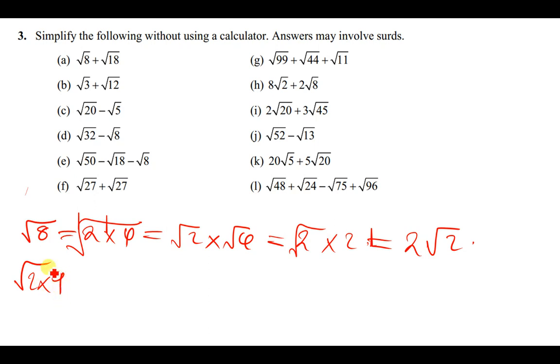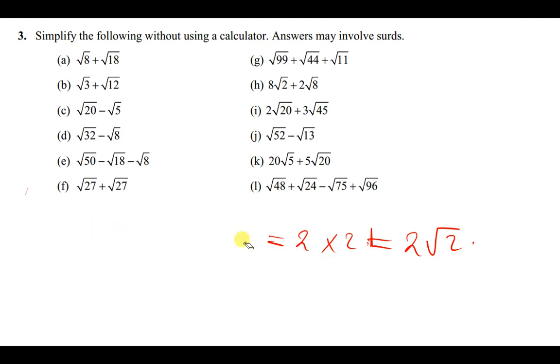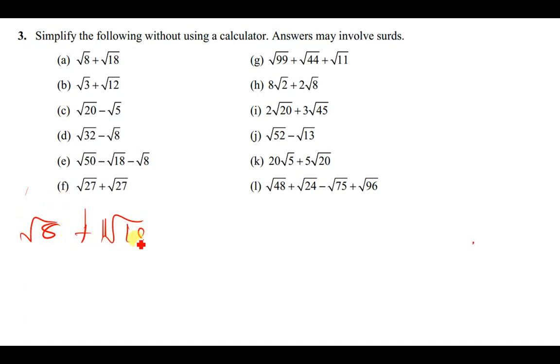2 times 9. Let me just write them in one line so that at least you understand. So we have root 8 plus root 18.